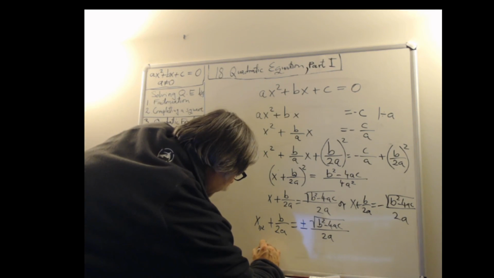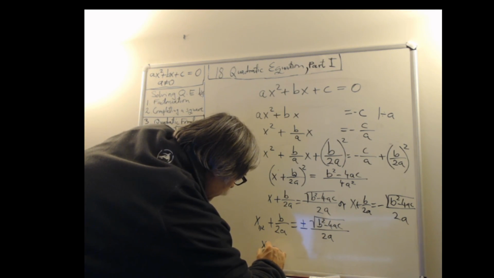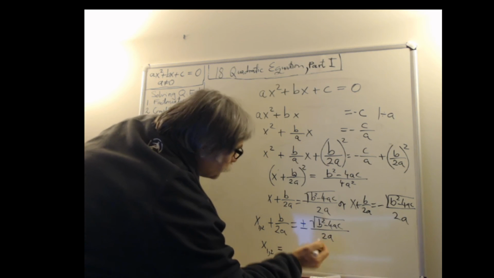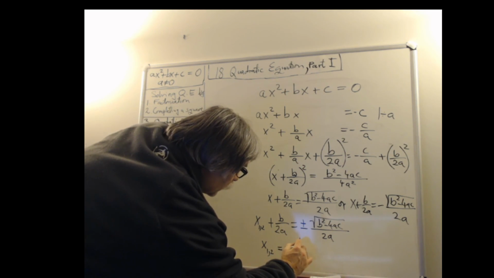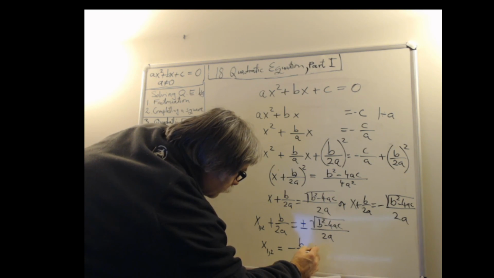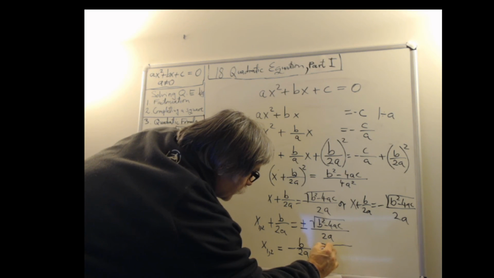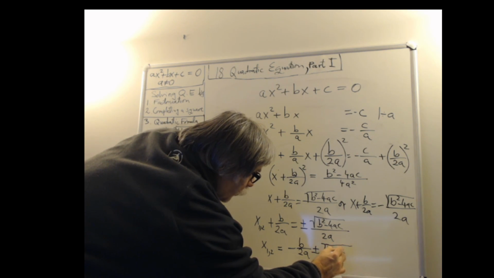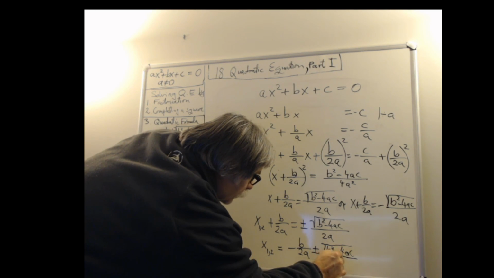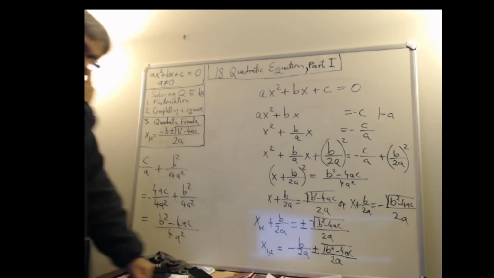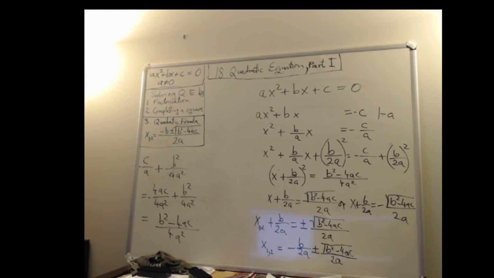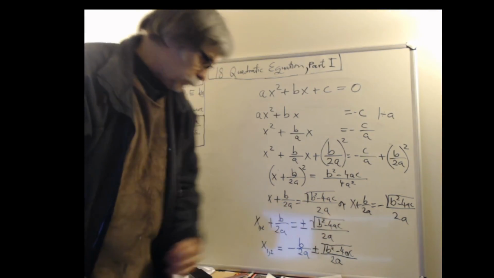So I'm going to have x1, 2 equal negative b over 2a plus minus, alright, radical b squared minus 4ac divided by 2a. And good looking fractions because they have a common denominator, so I could just simply add them.